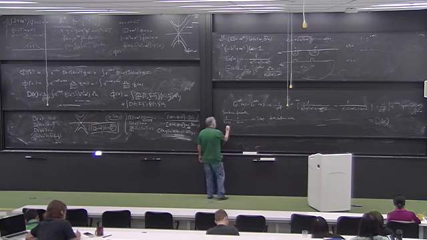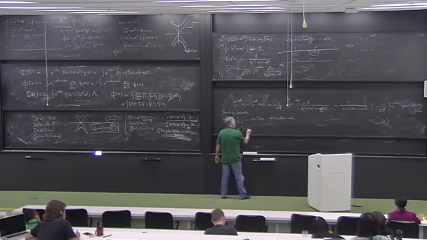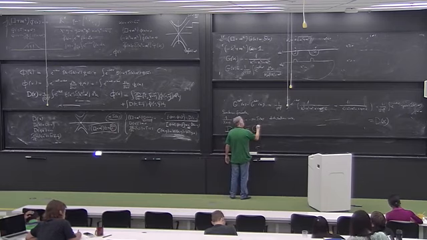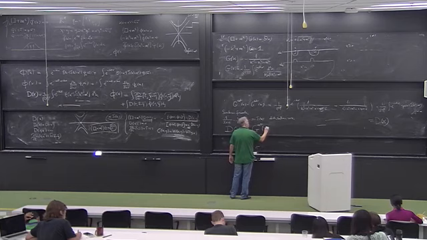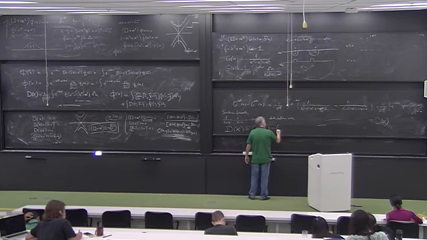So this formula is of fundamental importance. The Pauli-Jordan function is the difference of the retarded propagator minus the advanced propagator.